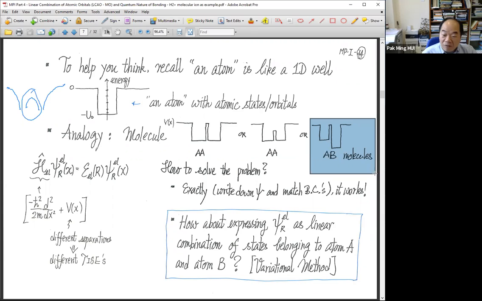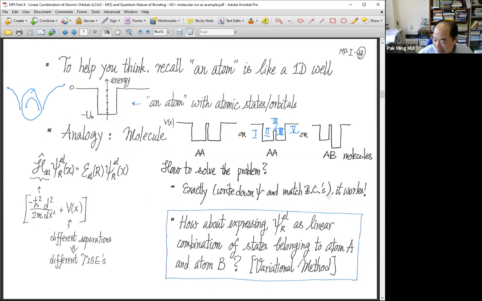Okay? Now think about it. If you are given such a problem, I think you have in your mind one way to do it, right? You will write down the wave function in region 1, 2, 3, where 3 is in the barrier, then 4 and 5, decaying, oscillating, things like that.